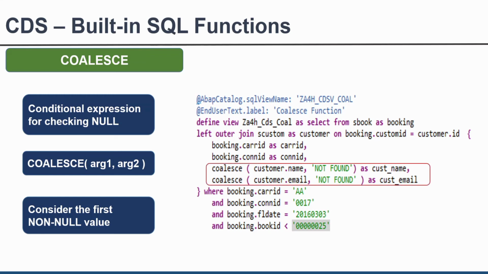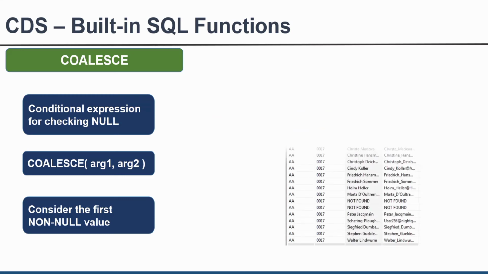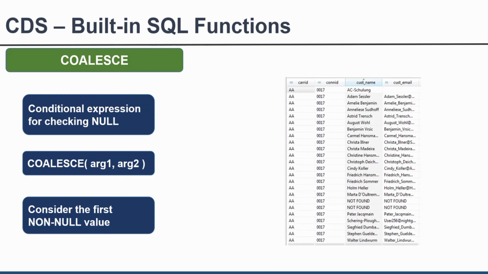In this example, we're using customer name and a literal 'not found'. If the customer name is available, the customer name would be assigned to the field cust_name, else the literal 'not found' will be assigned to the field cust_name. Likewise, customer.email and 'not found'. The output.